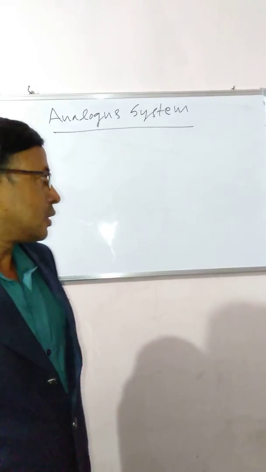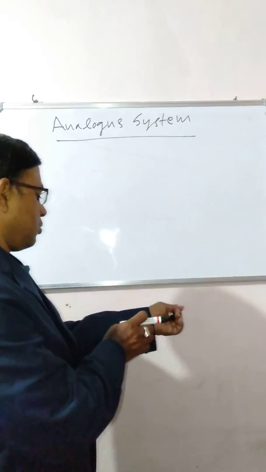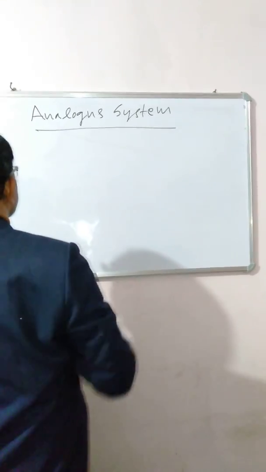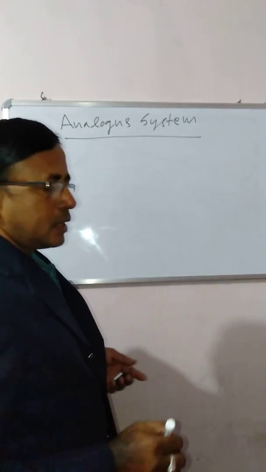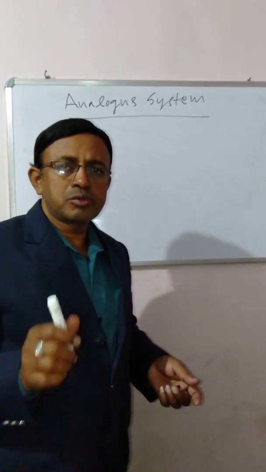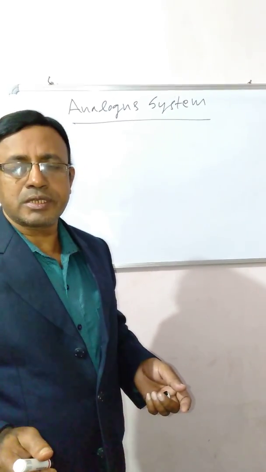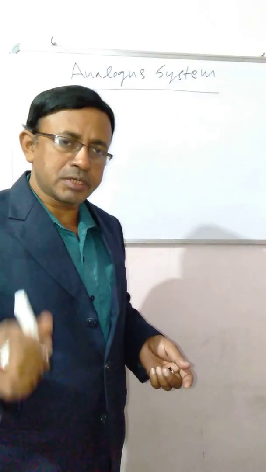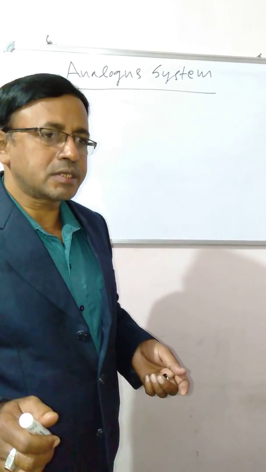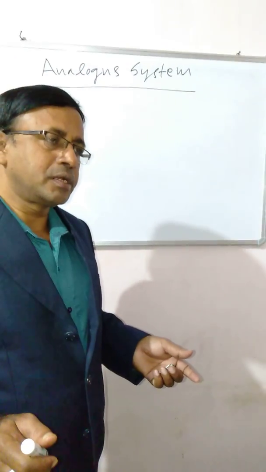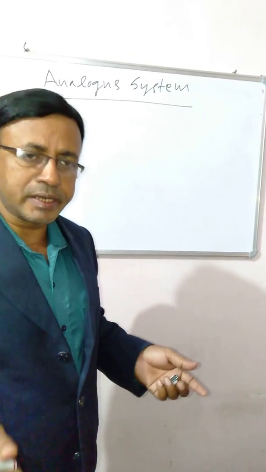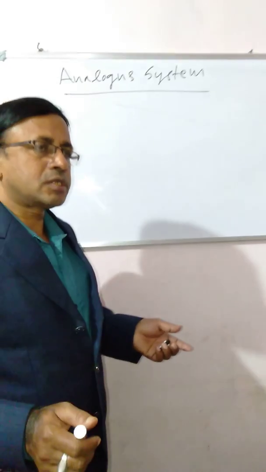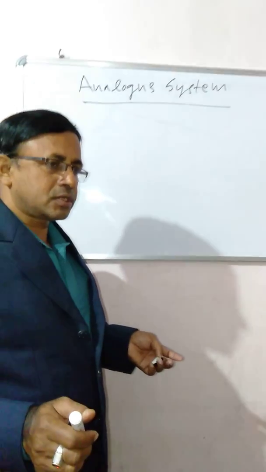Analogous systems are systems whose differential equations are of identical form. It means if we consider more than one system and their differential equations are in identical form, then we can say that those systems are analogous systems.